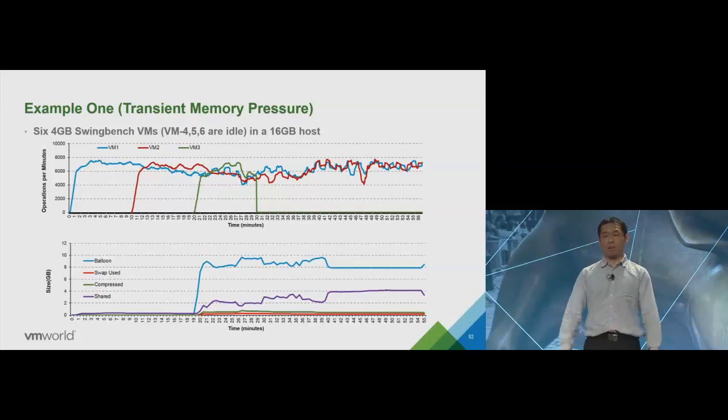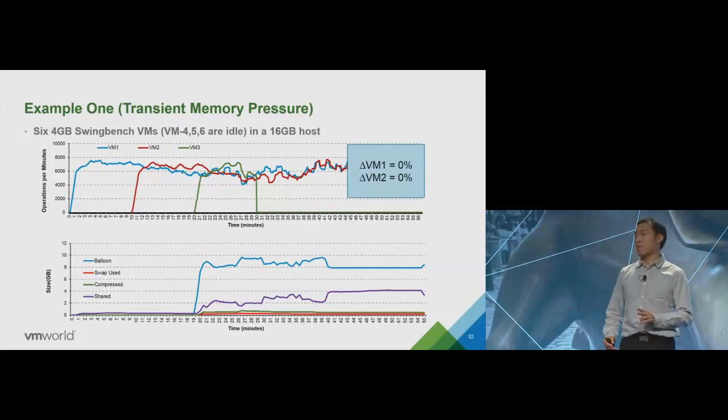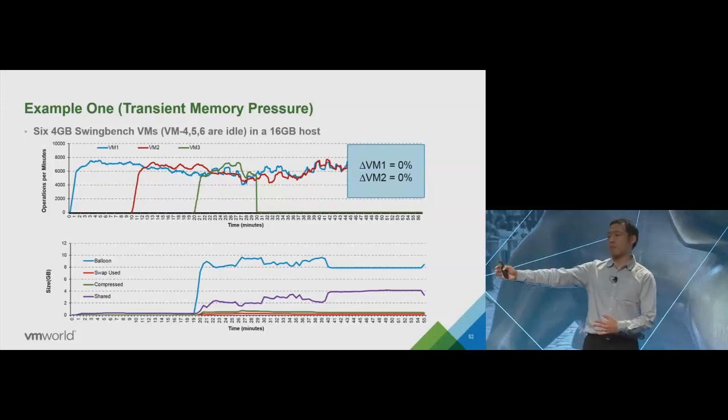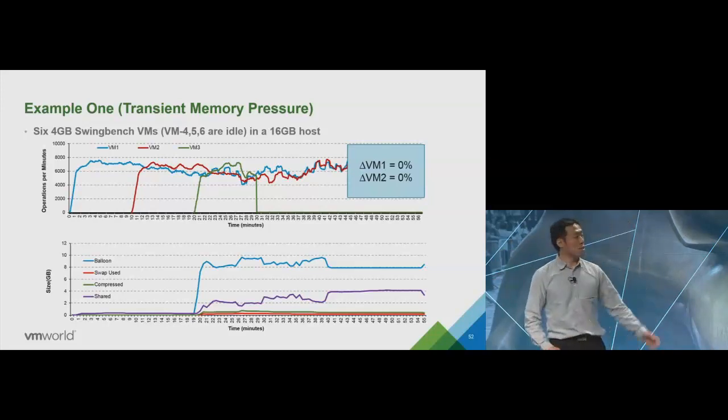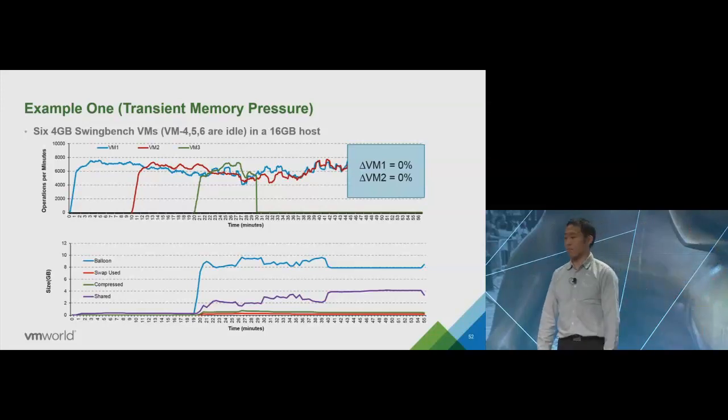Even so, comparing the performance of VM1 and VM2 to the case when they run alone without any other VMs, the performance difference is 0%. There's no performance impact at all, because all the reclaimed memory came from the three idle VMs. So just by looking at those four counters, you cannot identify a performance problem.